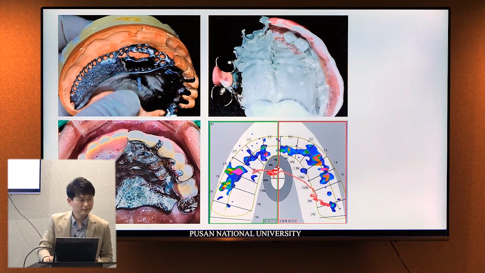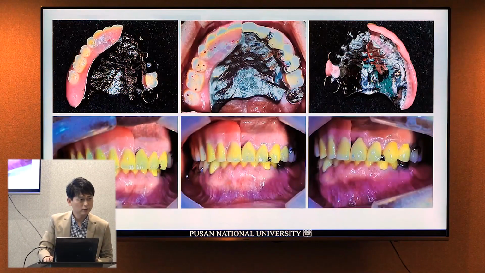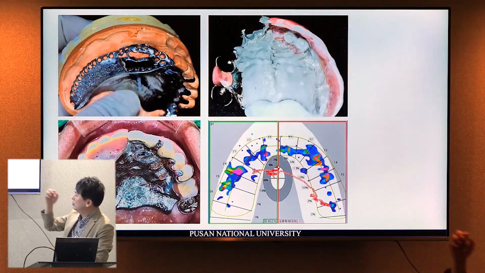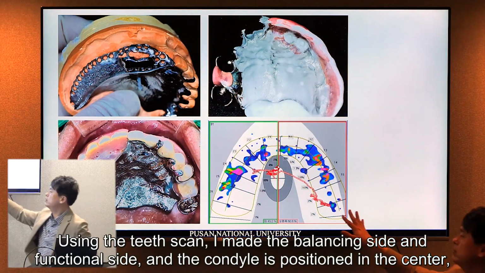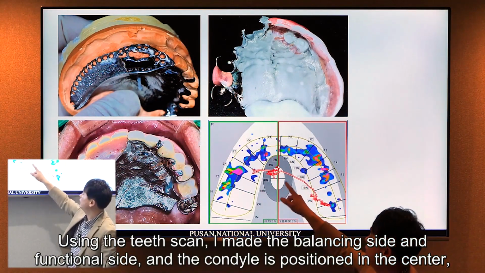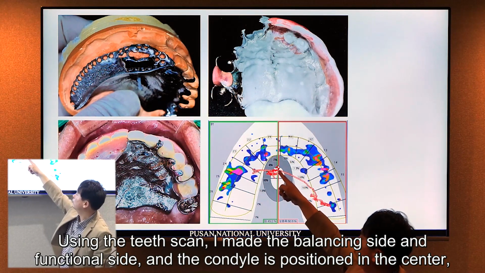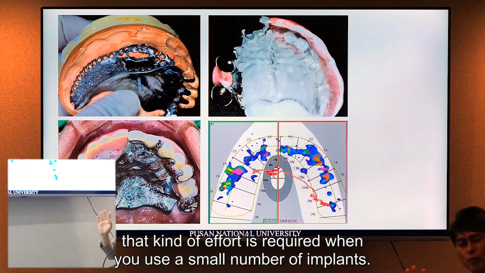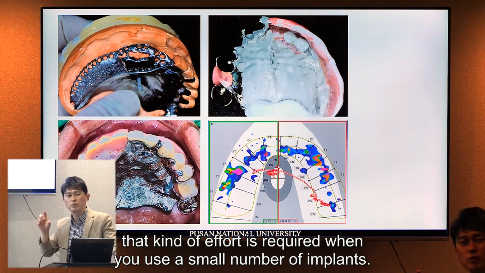Using the T-scan, I made the balancing side and functional side, and the condyle has its position in the central part. Anyway, those kinds of efforts will be needed when you use a small number of implants.